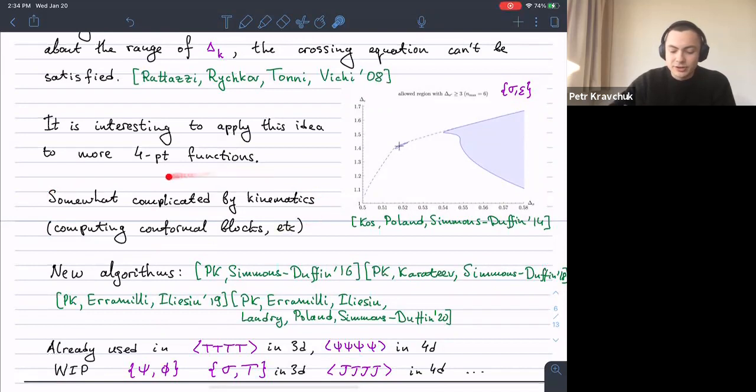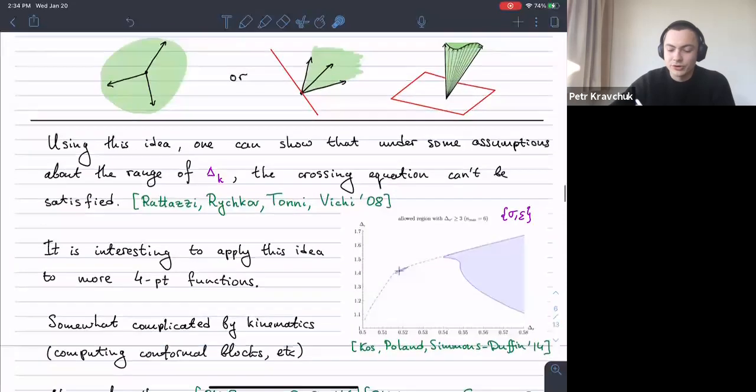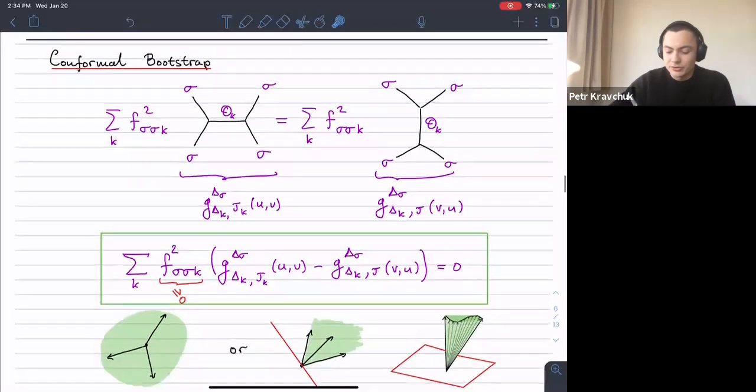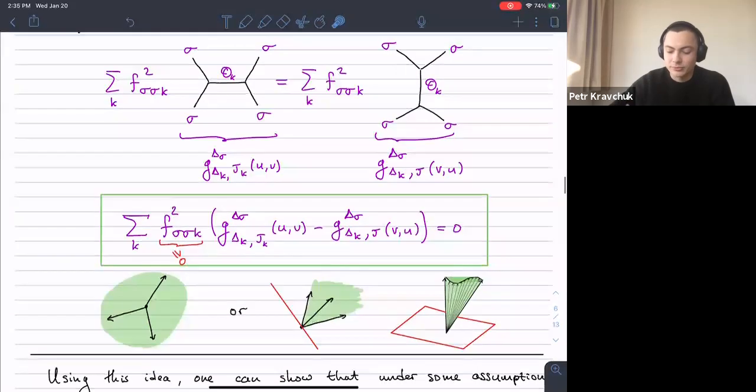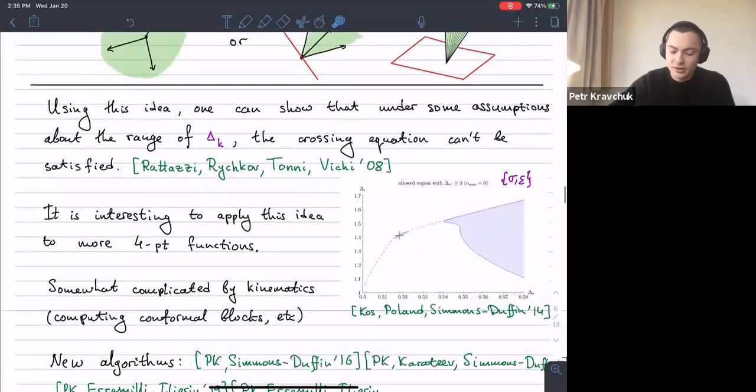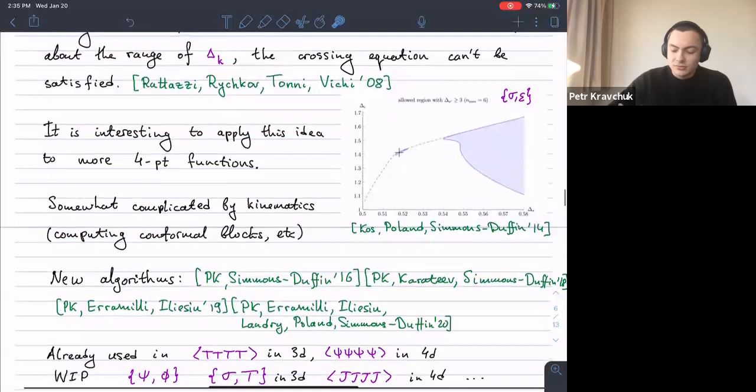And this is mainly complicated by the fact that kinematics are more complicated when you have spin for the external operators. In particular, these conformal blocks are much harder to compute, and they're not single functions anymore. Now they have a whole bunch of indices, and you have to compute them for every value of these indices. And you can be interested in doing such studies because not all theories have just scalar operators.